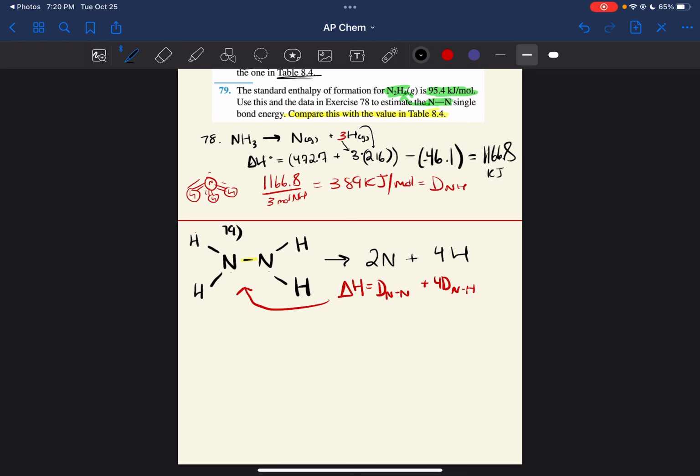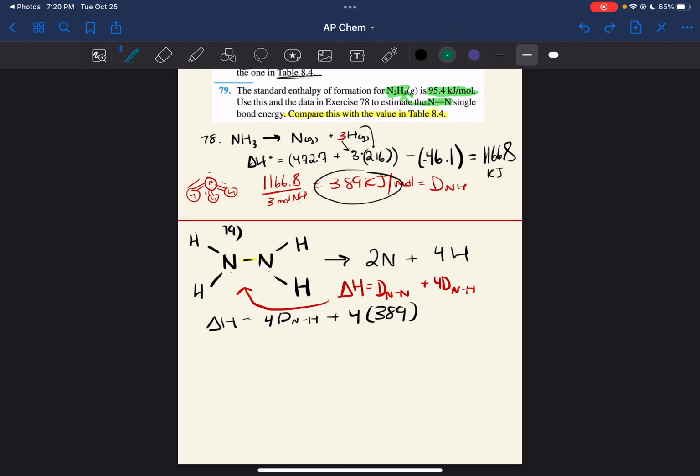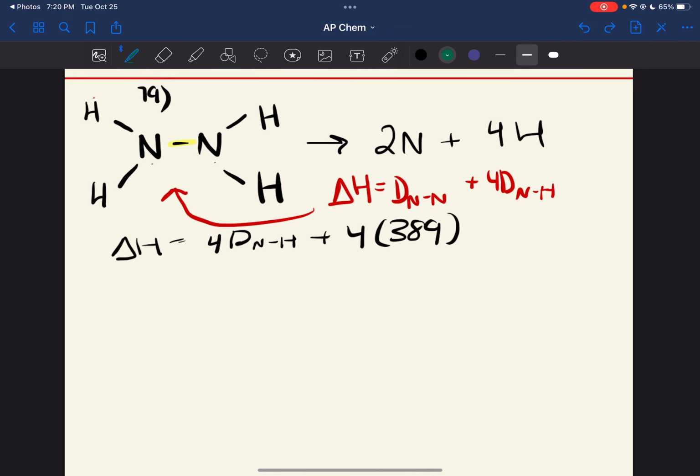We can calculate the enthalpy by going delta H is equal to the D of N-N plus 4 times this 389, because this is the value for an N-H bond. This is important because when you're solving for the whole thing, you're going to plug this in for that part of the formula. I'll show you what I mean.